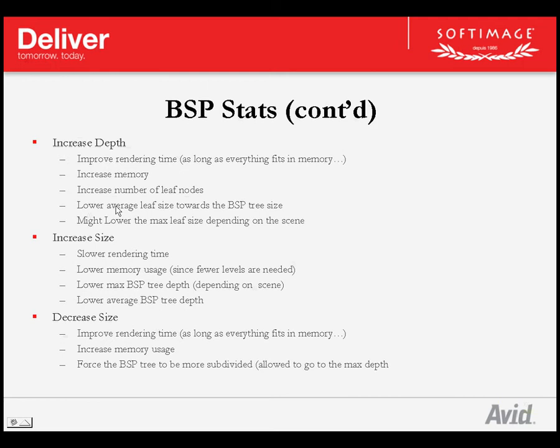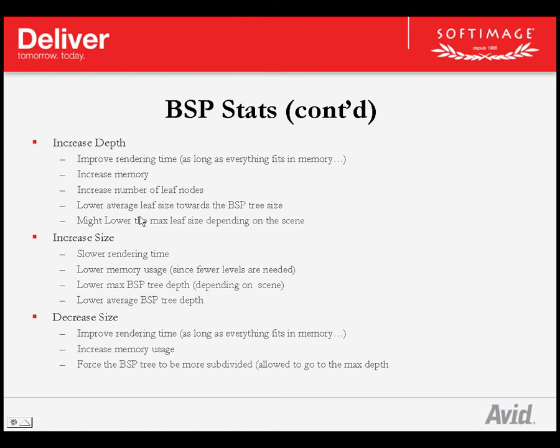So if the average leaf size and the BSP tree size are matching, chances are the max leaf size will also be the same value as the BSP tree size. So it will make the max leaf size also go towards the BSP tree size when you increase the depth.